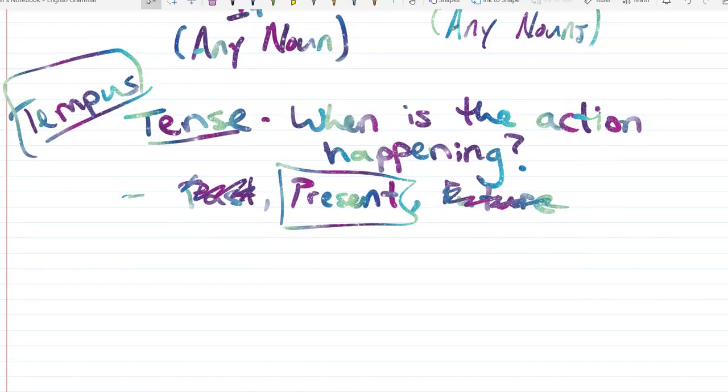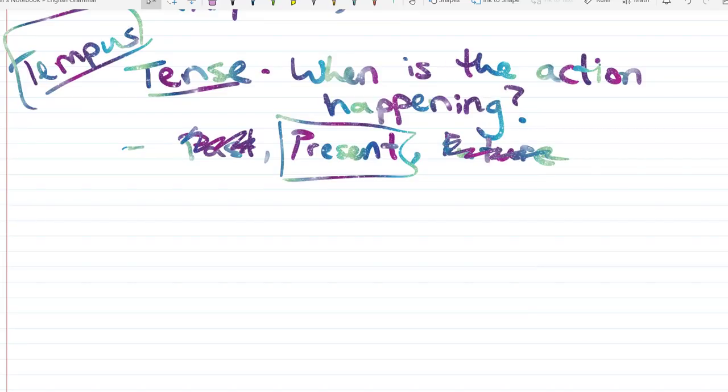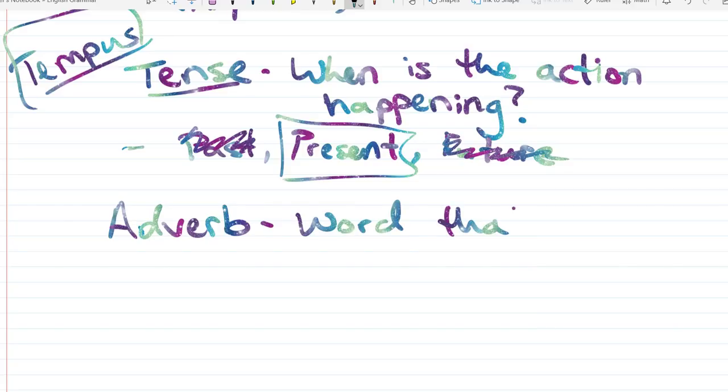And the last thing is something that does come up in this chapter coming up, is the idea of an adverb. Okay? So an adverb is a word, and we'll say word that, and we don't want to say describes, even though that's sort of exactly what's happening, but a word that modifies is the thing that we want. It's adding some additional information, a word that modifies a verb.